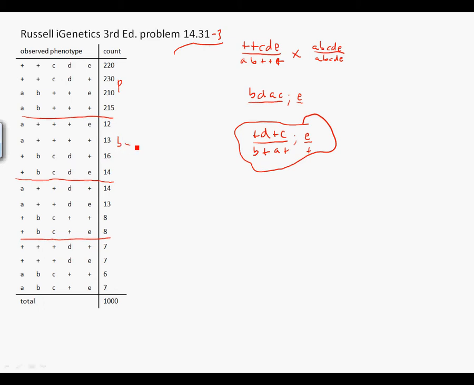So these represent single crossing over between B and D. This one, B and D were separated from A and C, so this represents single crossing over between locus D and locus A. And the third group here represents crossing over on the end, C and the others, so between C and A.